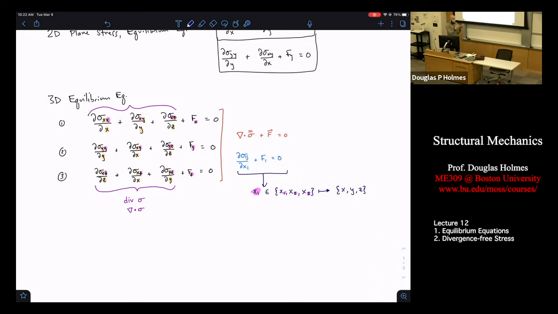Step 2 is what's referred to as Einstein's summation notation. And what Einstein got sick of doing was writing a sum from 1 to 3 all the time in all the equations.